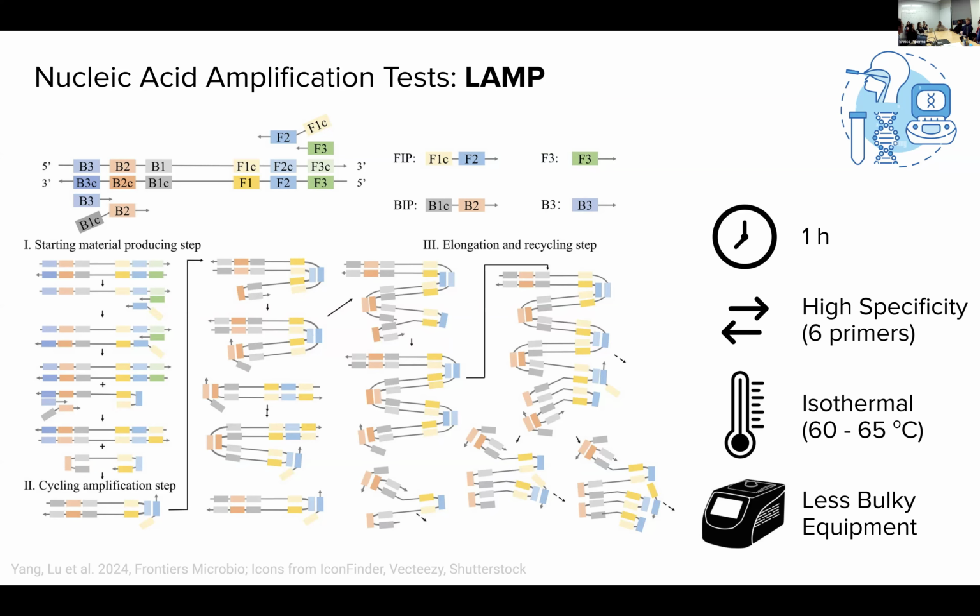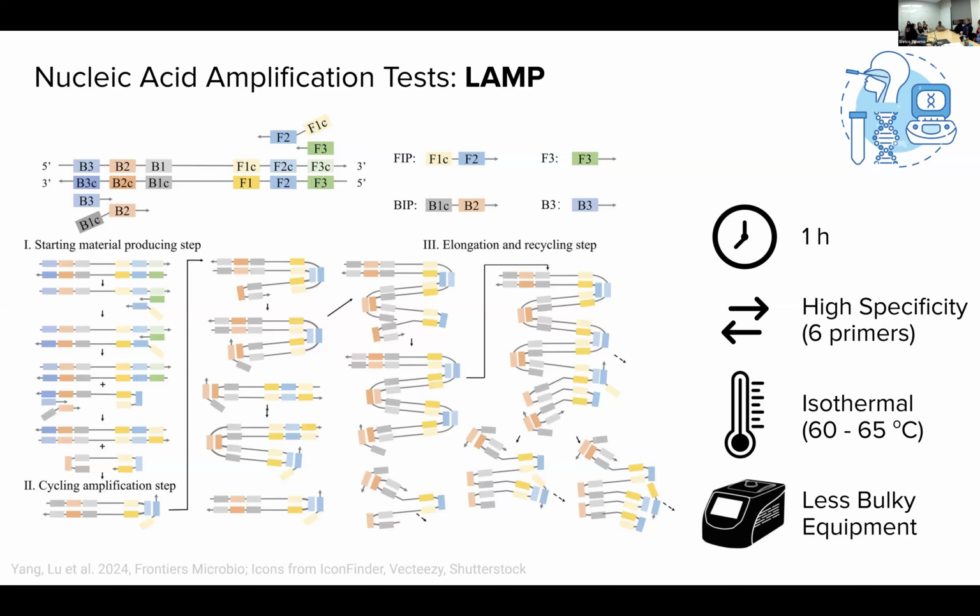Yeah. Is this type of test more expensive to get the equipment for, or is it around the same price as PCR? Oh, okay, I think that is a great question, just because you can run a LAMP test on a PCR machine, but you could also run it in a dry bath.